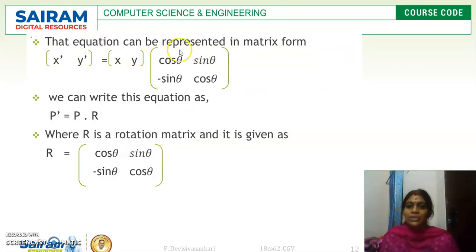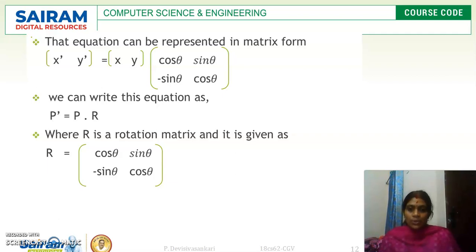So here the rotation equation also can be represented in the matrix format. So x dash y dash value is equivalent to the previous x y value along with the rotation matrix. So here the rotation matrix are cos theta, sin theta, minus sin theta and cos theta, right? So we can write the equation of a rotation very easily.